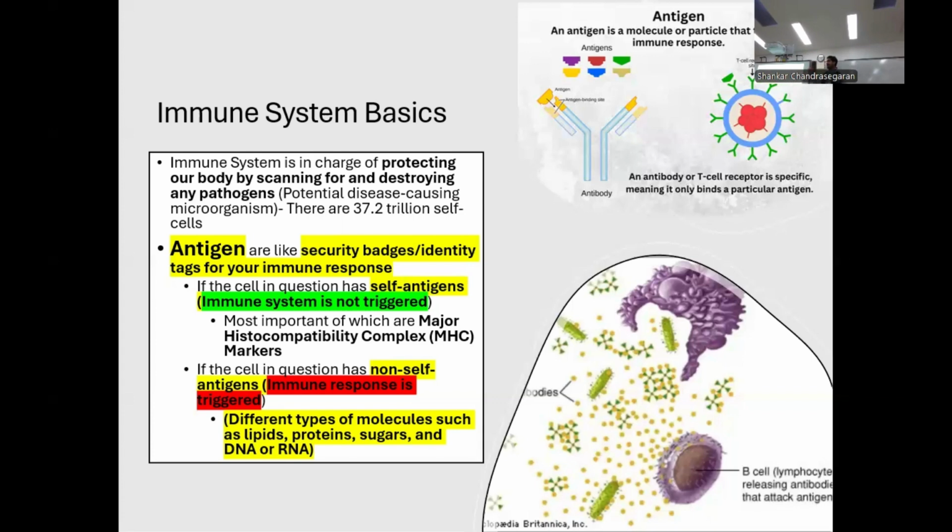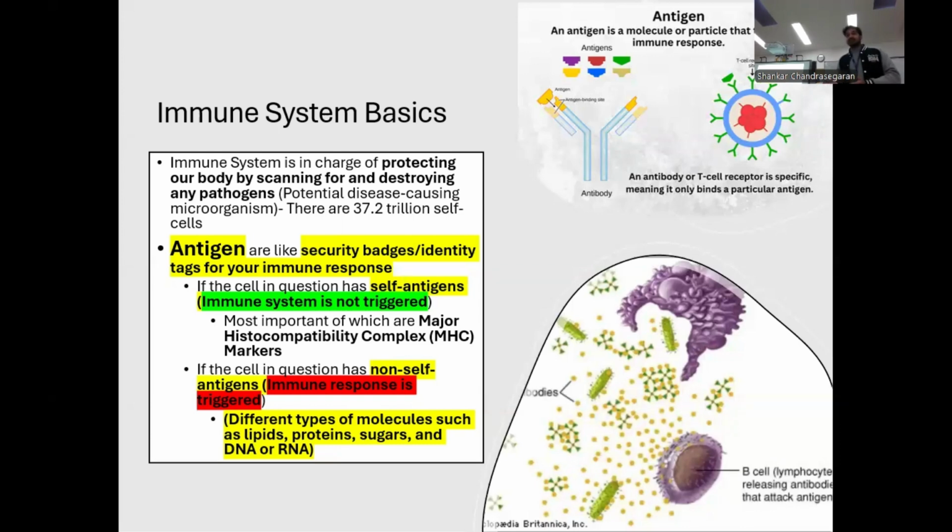These are basically any leftover molecules from the pathogen itself, and they can be considered antigens. These antigens immediately trigger an immune response because they are recognized as non-self, right? They don't have the major histocompatibility complex markers that our own cells have. So your immune system recognizes that as a different type of cell or pathogen that is foreign to your body, and it will immediately trigger an immune response to go fight it.